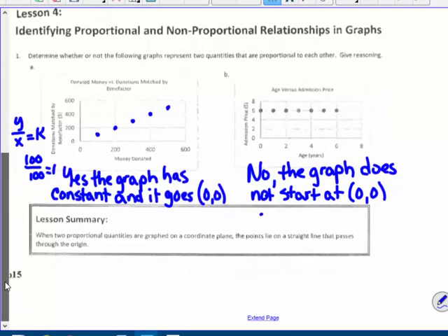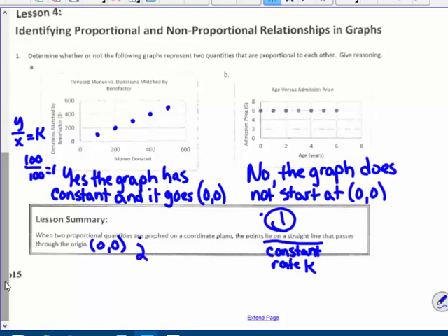When two proportional quantities are graphed on a coordinate plane, the points lie in a straight line. That's that constant k. They have a constant rate k that passes through the origin, 0, 0.